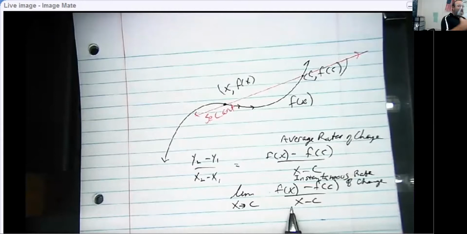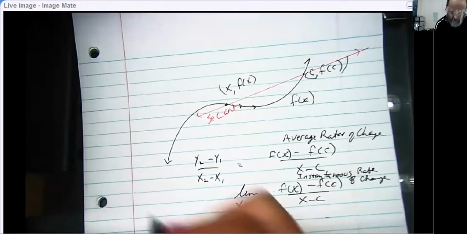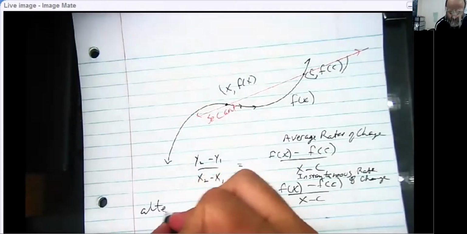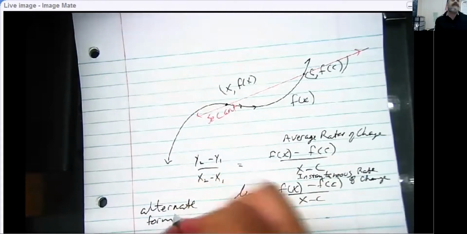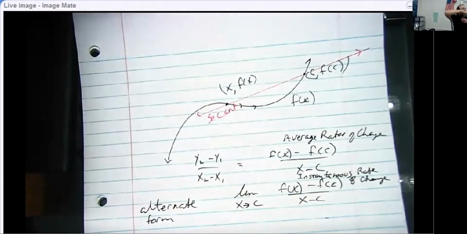That's one of those indeterminate forms that we were talking about, and we learned all those special little tricks a bit ago. I started here because I thought this would help, but this is actually called the alternative form. It's kind of strange that I gave you the alternate form first, and then I'll double back, but there's a reason I wanted to show you that alternate form first.